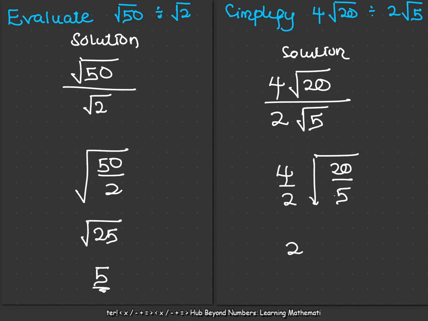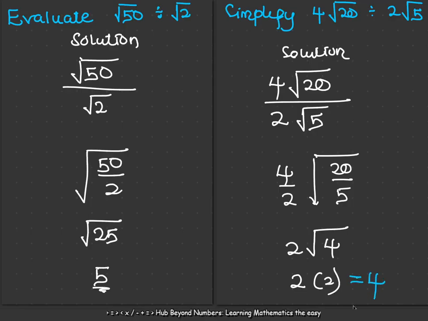Then 20 over 5 on the other hand gives us 4. So it's just the same rule we are applying again. So we have 2 and then the square root of 4, which gives us 2. And 2 times 2 gives us 4. So this is what we call the quotient rule.